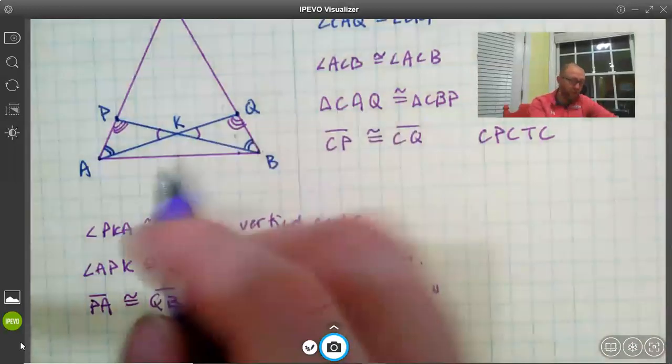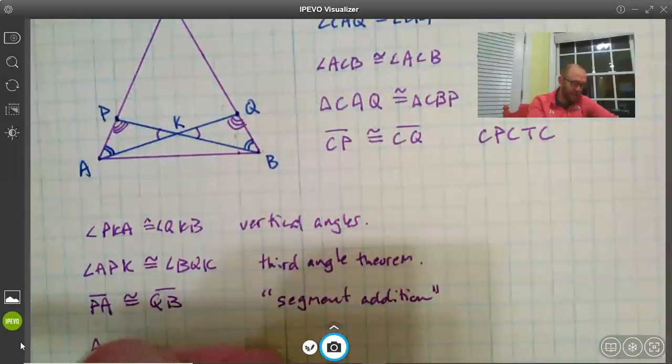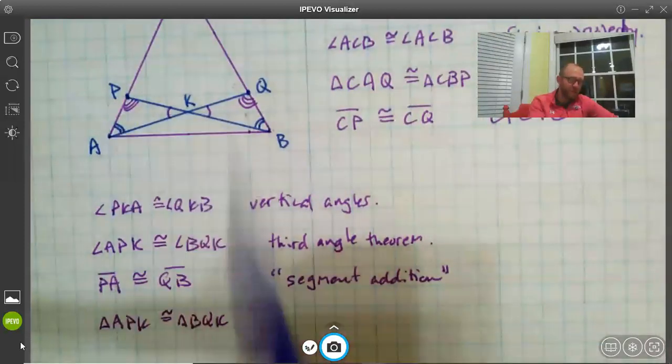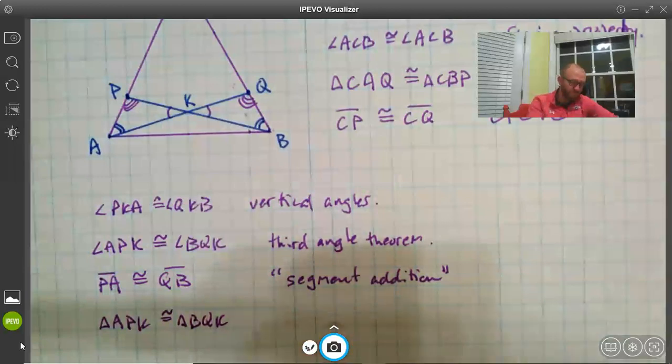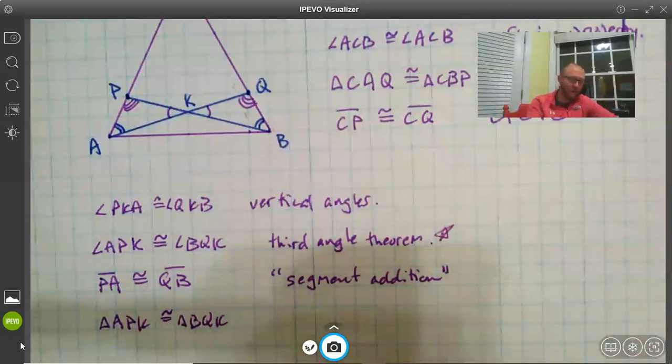So now we have that triangle APK is congruent to BQK. And we know that by angle, side, angle. Or I guess angle, angle, side, or whatever. I guess you could have picked angle, angle, side. Didn't really matter. I guess you didn't really need this statement. Little star there. Not necessary.